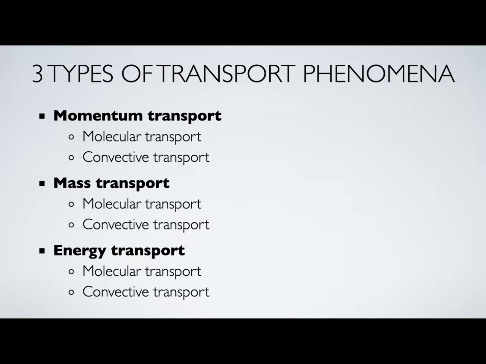But convective transport can only occur in fluid. By fluid, I mean it includes gas and also liquids, right? Because gas and liquids can flow or move. But in terms of solid, for example, this pointer here, the molecules of the solid here are fixed, right?